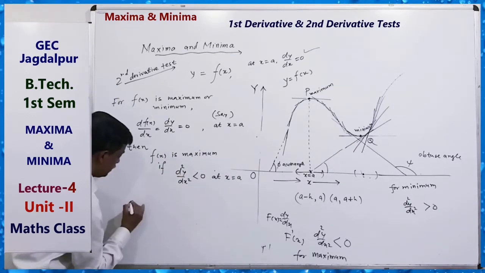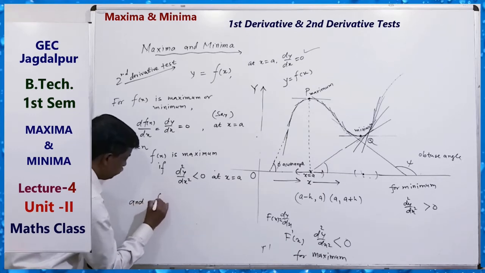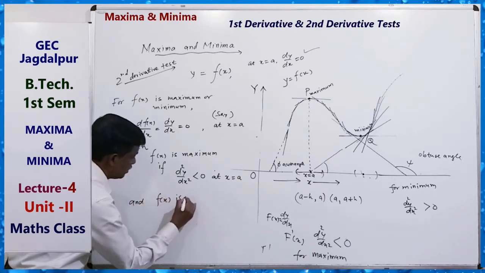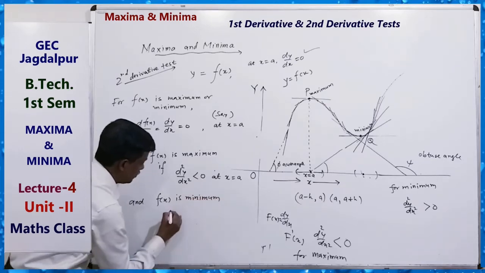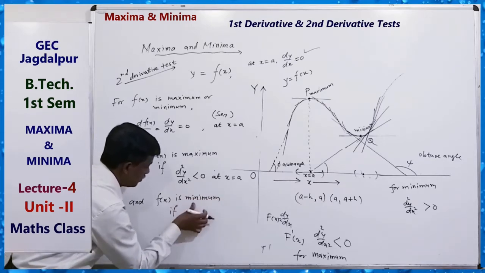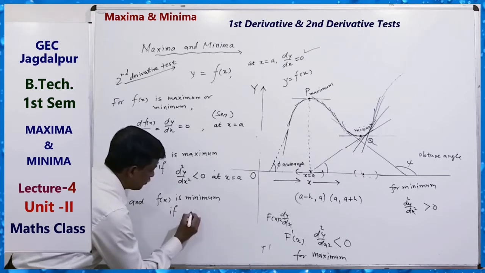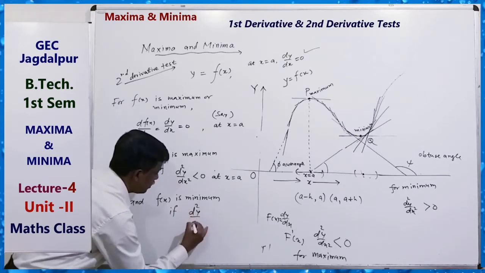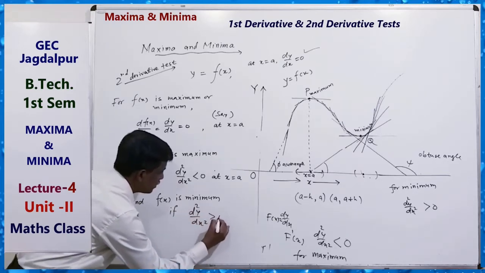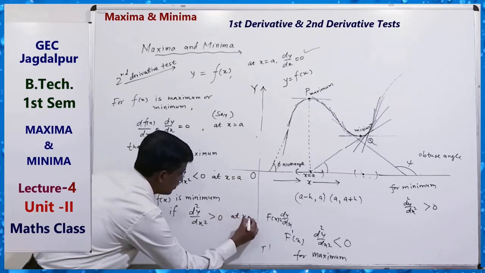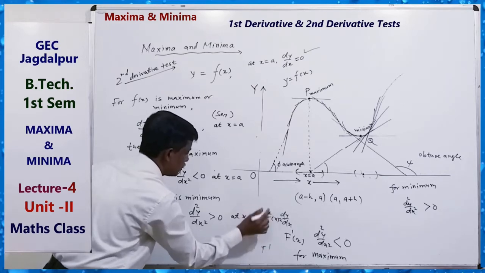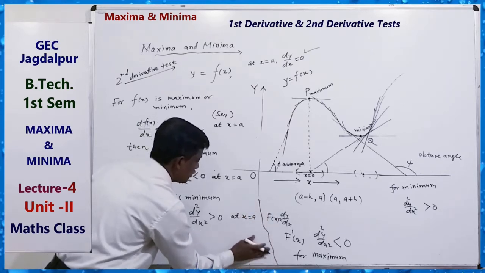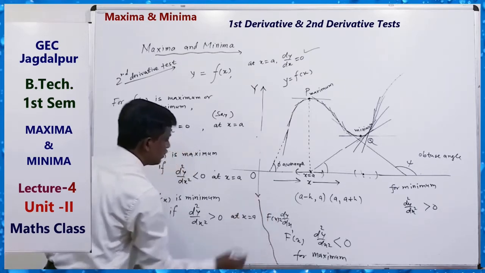Okay, and f(x) is minimum if the second derivative is greater than 0 at x equals a.